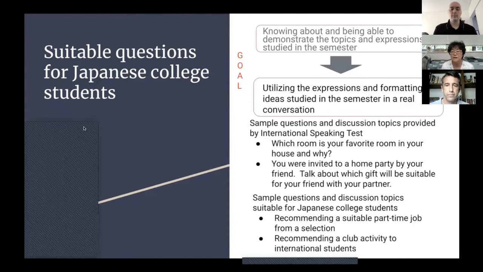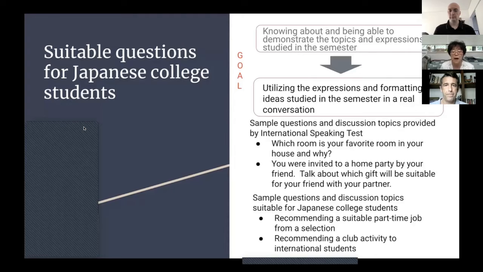Especially after the semester, I've overheard the conversations and thought, this is just simple memorization. Rather, we would like to see students utilize the expressions and the formatting of ideas studied in the semester in a real conversation, so that they know how to express their meaning, even though there are some mistakes here and there. As far as they can say what they wanted to say, that's our goal.